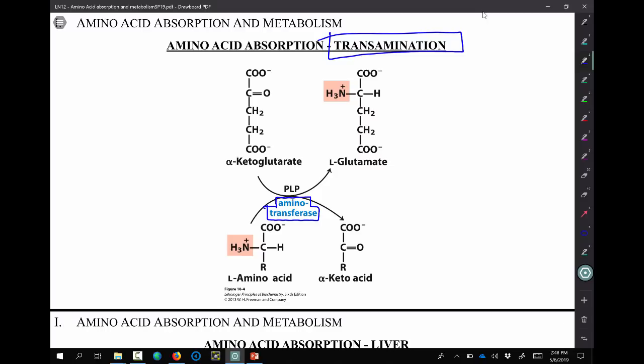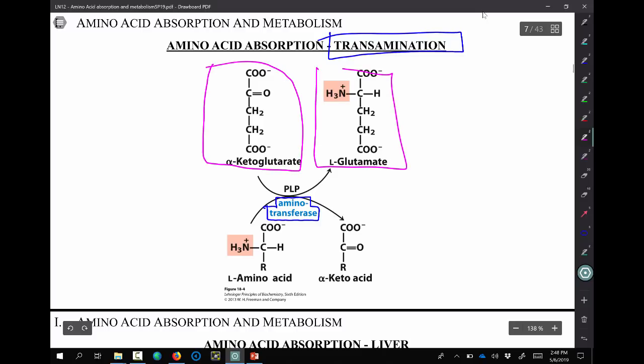Every single one of them will use either glutamate or alpha-ketoglutarate, so this is found in all of these. It can go in either direction, back or forth. They'll either use alpha-ketoglutarate to make glutamate, or they'll make alpha-ketoglutarate from glutamate. One or the other.